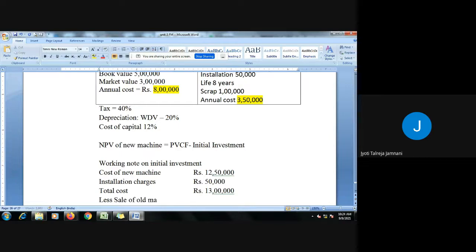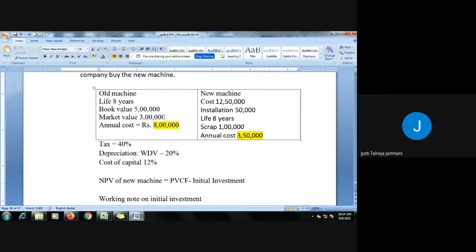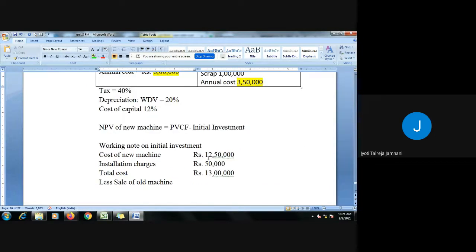Because I'll not keep both the machines. If I'm buying the new machine, I'll sell the old machine, and the old machine is sold for 3 lakh rupees. The market value of the old machine is 3 lakh. So if I sell the old machine, I'll sell it for rupees 3 lakh.